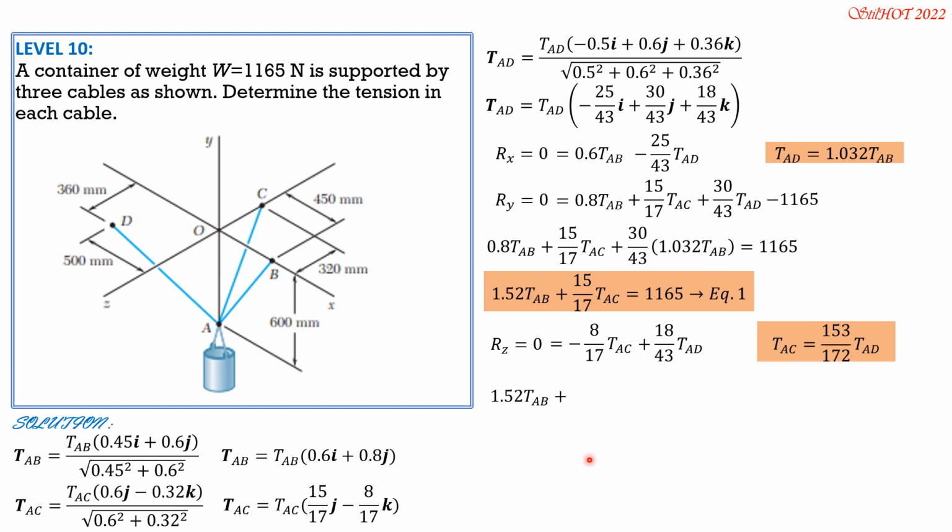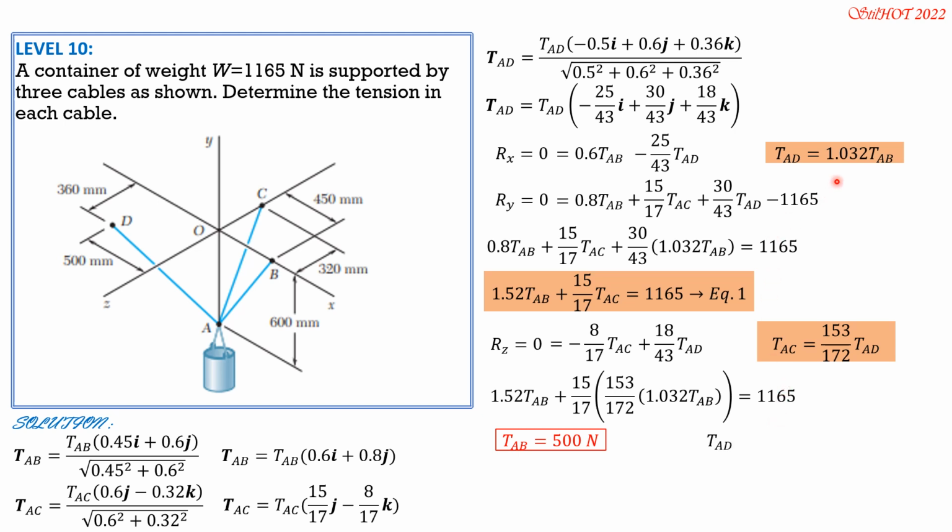So 1.52 tension AB plus 15 over 17 of tension AC, which is 153 over 172 of tension AD, and tension AD is 1.032 of tension AB, equals 1165. Therefore, tension AB is 1165 divided by quantity 1.52 plus fraction 15 over 17 times 153 over 172 times 1.032. You'll get tension AB equals 500 newtons.